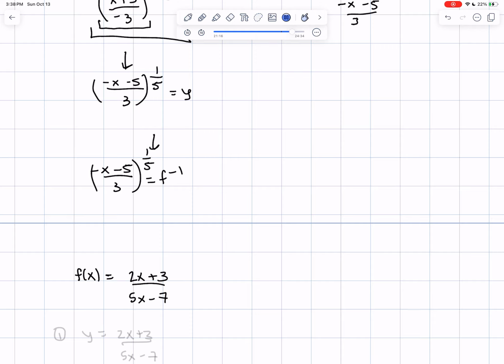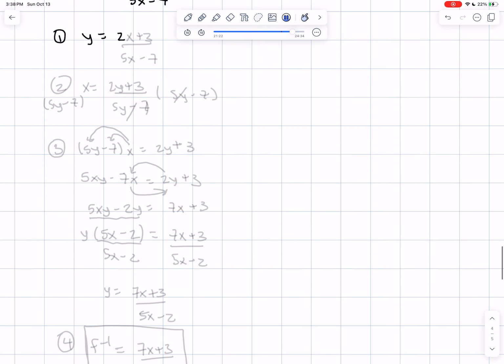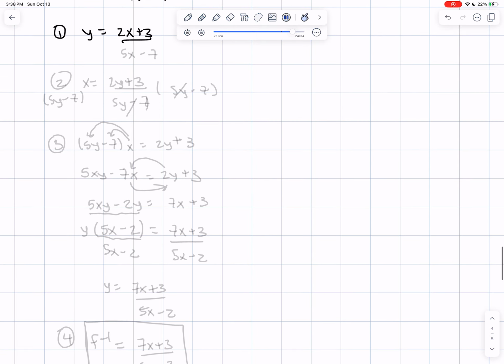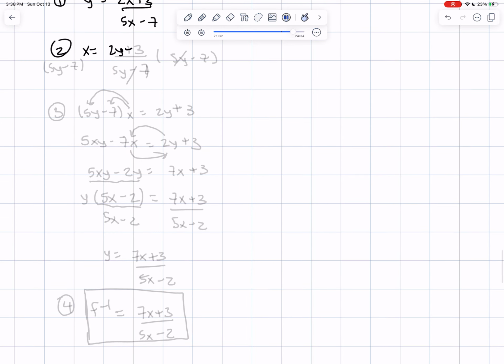Okay, welcome back. So first thing, step 1, exchange f of x with y. And then exchange x and y. Now I want to solve, so I'm going to use my LCD.